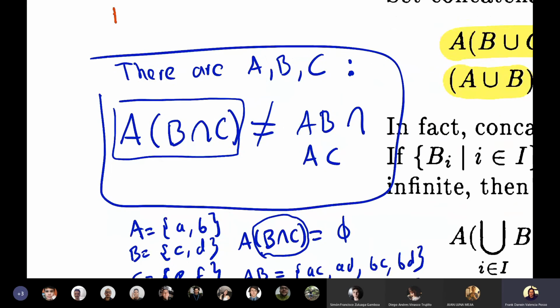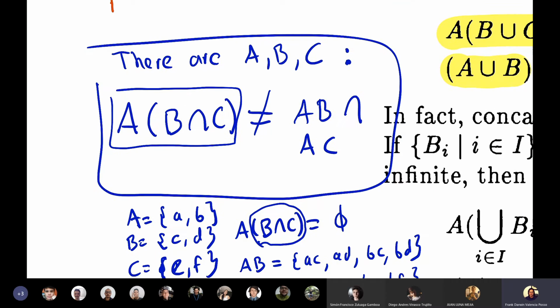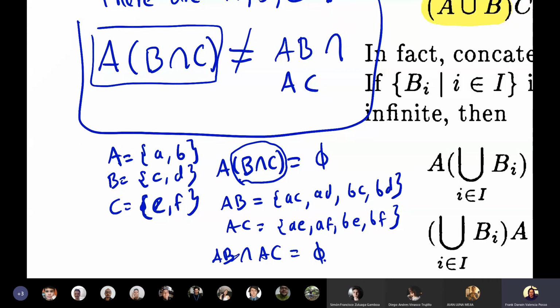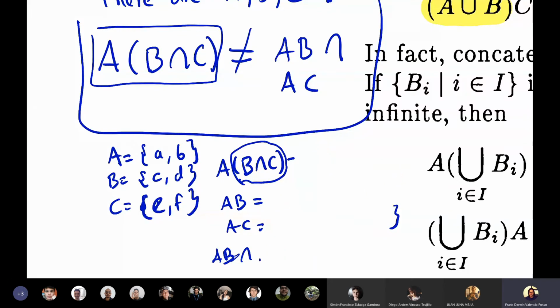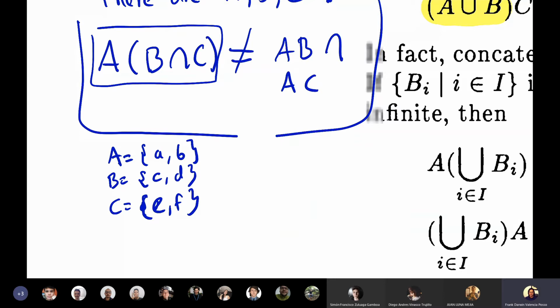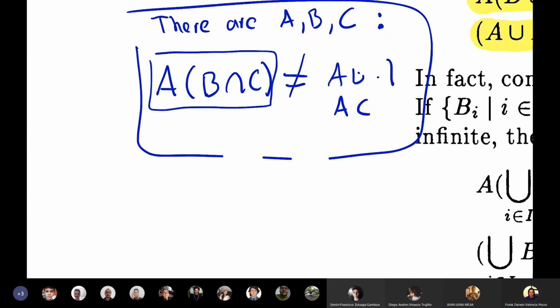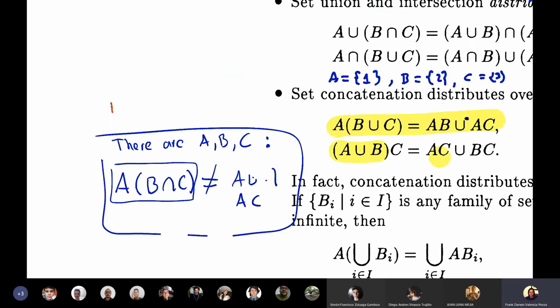So to prove that this is the case, then you need to find A, B, and C where this is not the case. But Simon, that was a good example anyway. So I'll give it to you as an exercise. I'm sure that you will be able to find this.